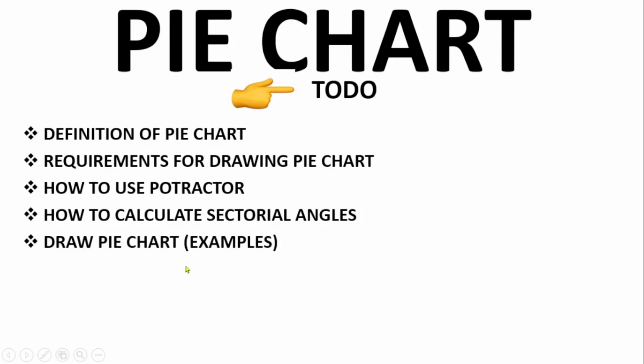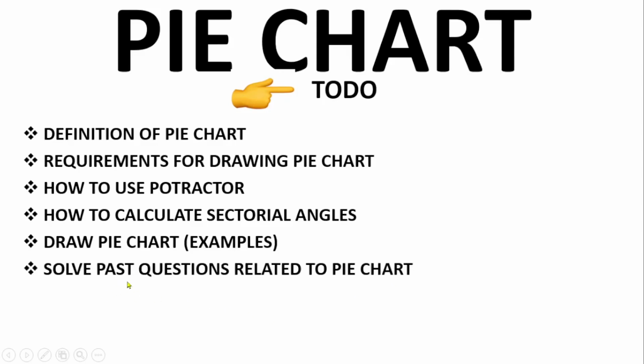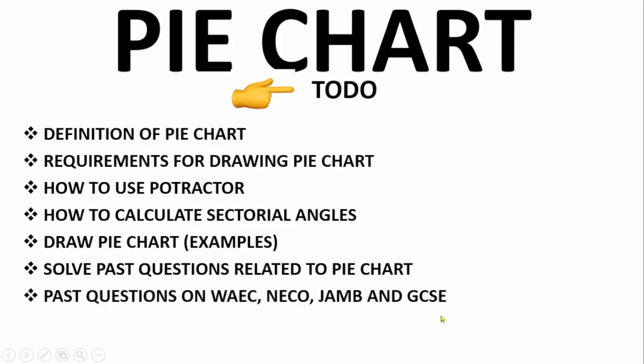Then we are going to be drawing pie charts with a lot of examples, so as to help you know how to draw a pie chart. Also we're going to be solving past questions related to pie charts, be it WAEC, NECO, JAMB. For international students, GCSE past questions will also be treated.